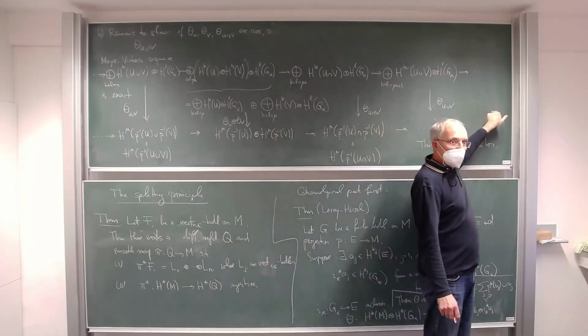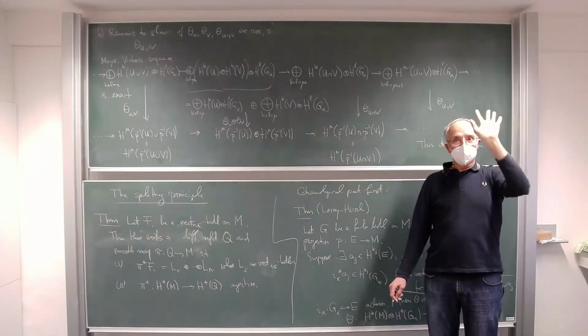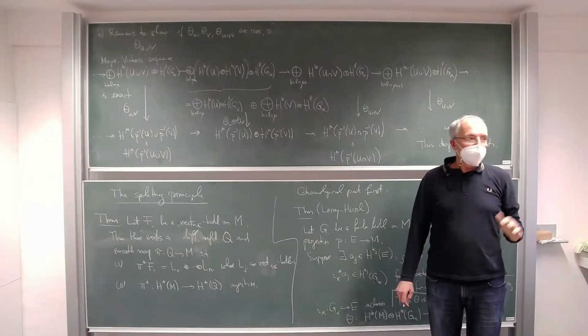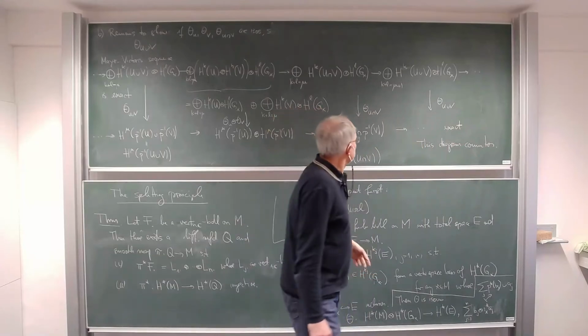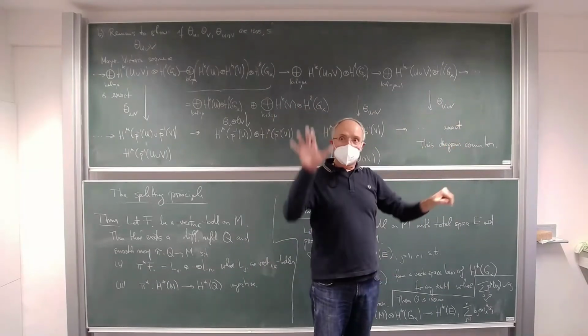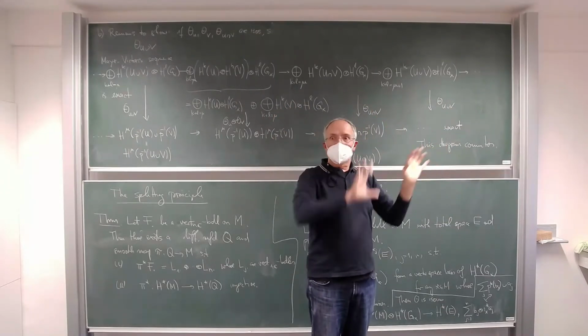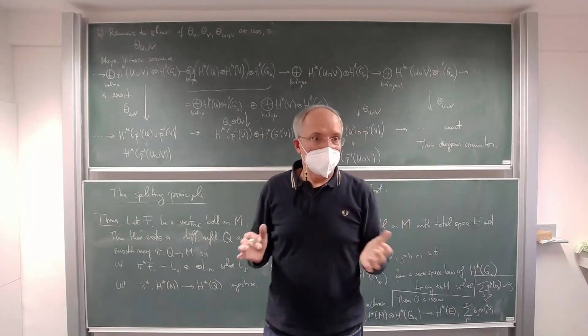The next one is again an isomorphism, and then again an isomorphism. So you have isomorphism, isomorphism, something we don't know, isomorphism, isomorphism, and so on. And then there's this famous 5 lemma, which tells you that if you have 2 isomorphisms to the left, 2 isomorphisms to the right, and exact rows, then the middle arrow is also an isomorphism. That's the 5 lemma, a simple algebraic fact.